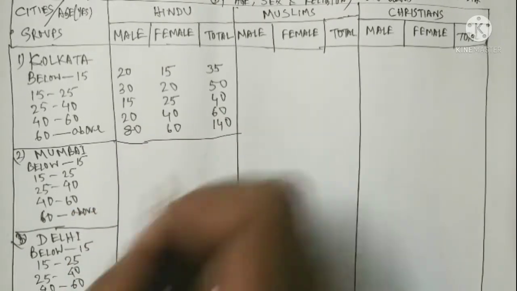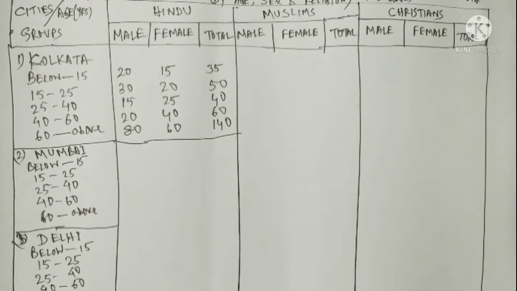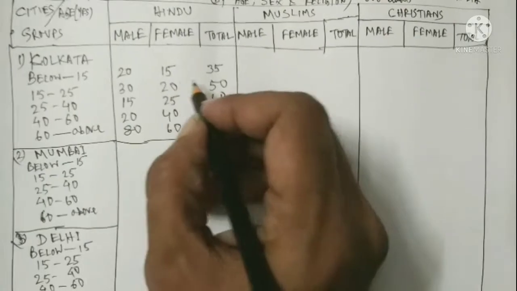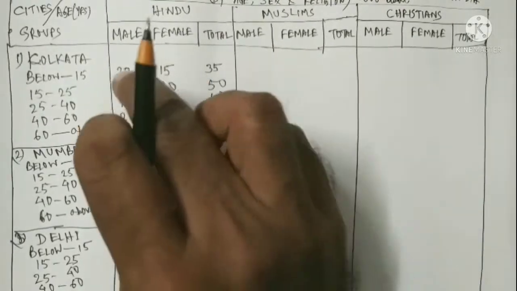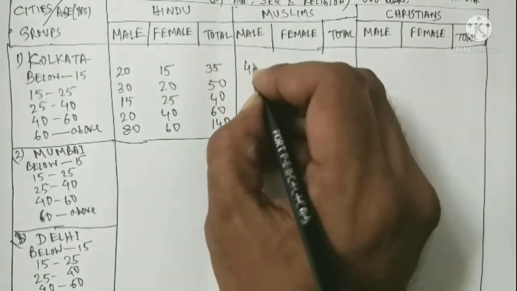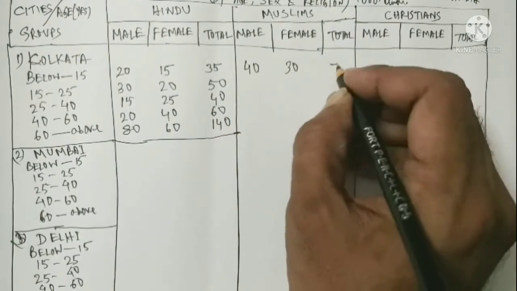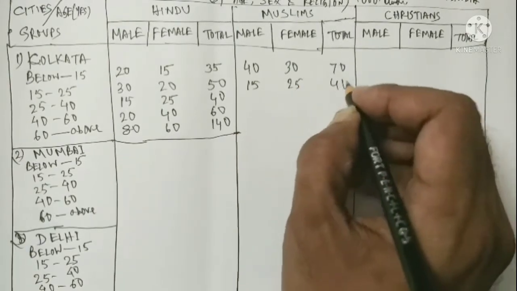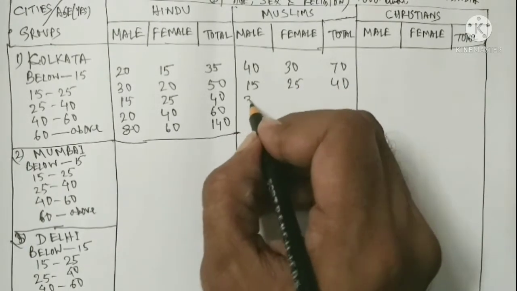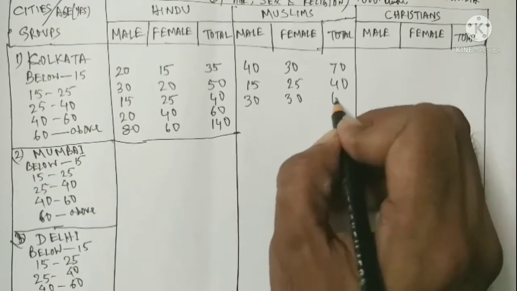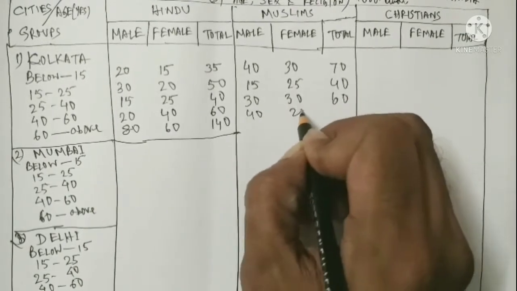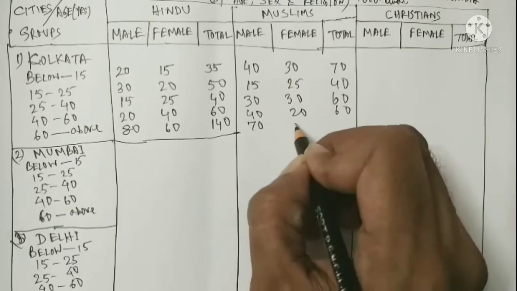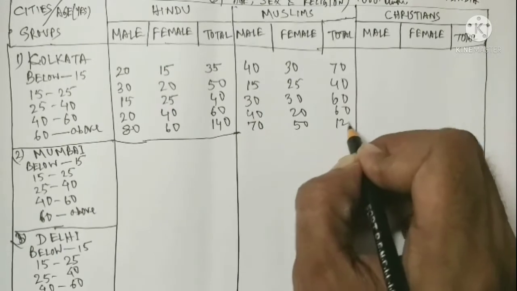In this case, we present the data in this way. Suppose this is 40, 30, 70, 15, 25, 40, 15 to 40, 30, 30, 60, 40, 20, 60 and suppose 70, 50, 120.